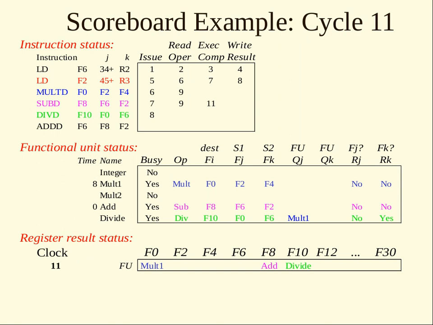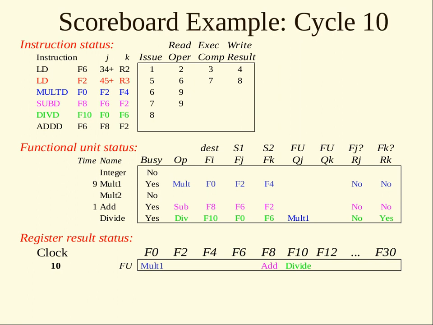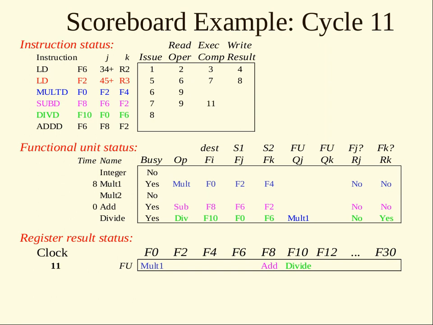What's going to happen next? Go back a step. Okay, not going back a step. So notice on this cycle, add marks complete, because that's the subtraction. What's going to happen next? The subtraction.